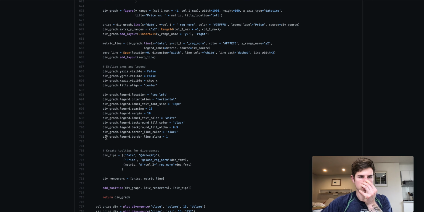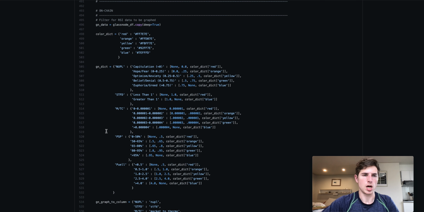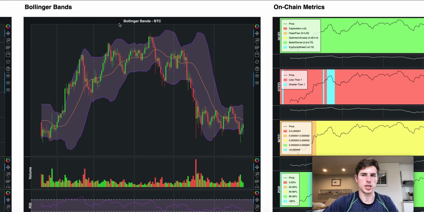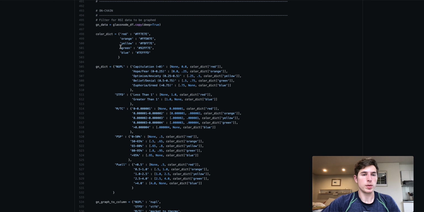But let's just take a look at a couple of these somewhat at random. So for instance, the on-chain information. Just as a reminder, the on-chain information is all of this color coding that we've got alongside price for on-chain metrics that we've got from glassnode.com. And what we see is, first I needed to set up a color dictionary. I wanted to be able to refer to these colors, and then it would use a hex code to pick that actual color.